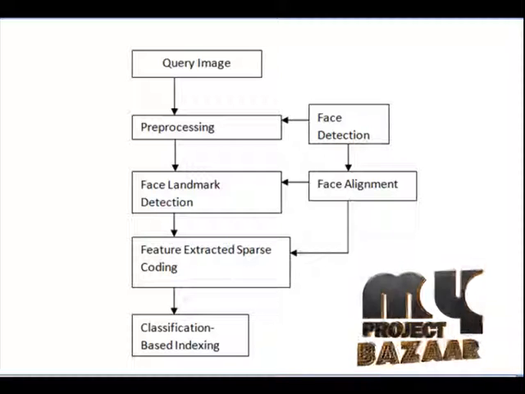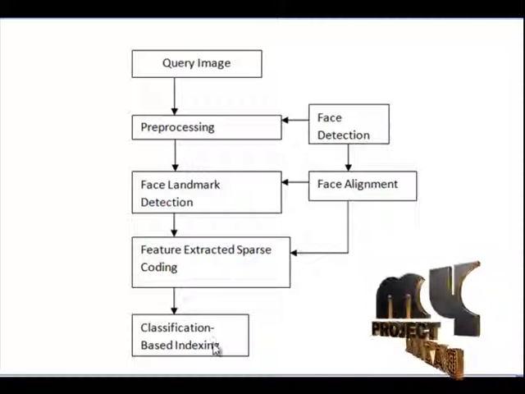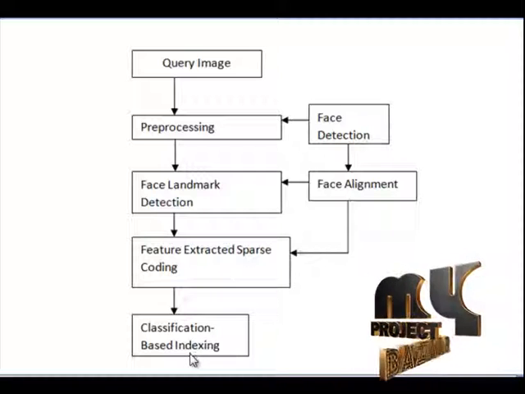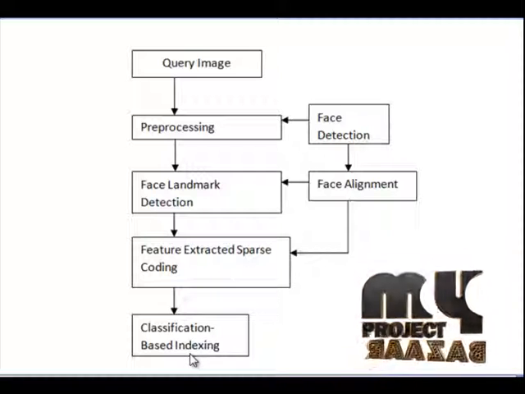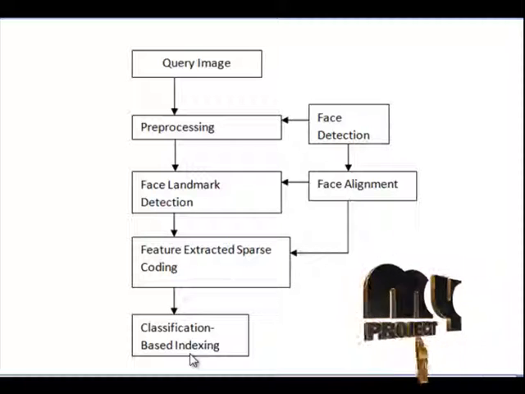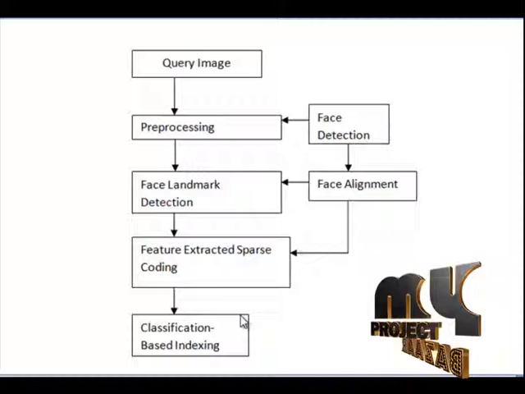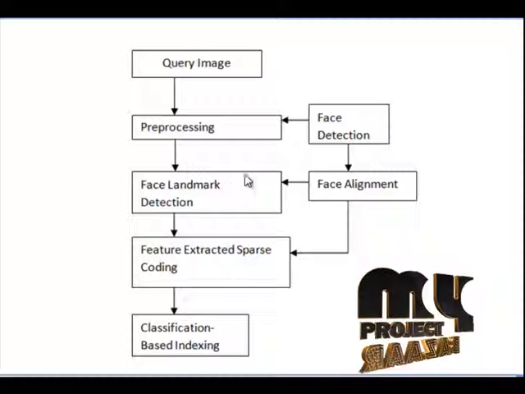The final step of our flowchart is classification. The classification is based indexing. The classification is used to classify the features to identify the relevant images during identification using SVM classification. In our process, we perform the classification on the features extracted from the input images.